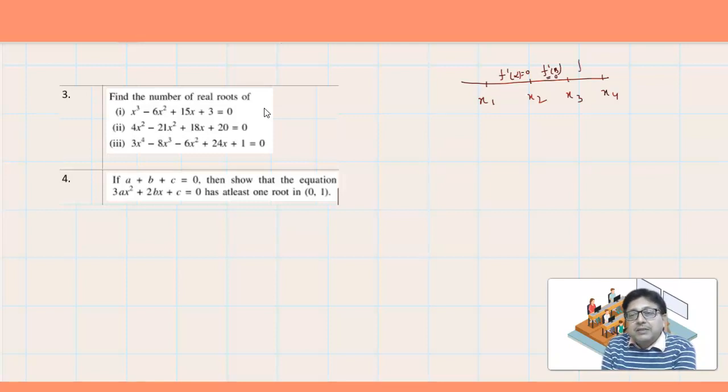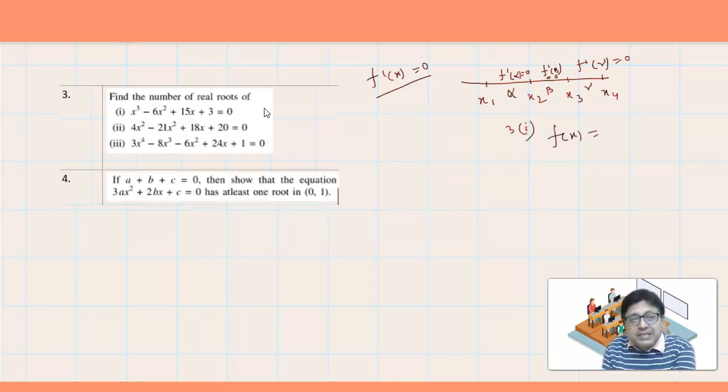Then gamma is the third root, you will get f'(gamma) equal to 0. So alpha, beta, gamma, these are actually roots of what? These are roots of f'(x) = 0. Okay? By using this concept, you can easily decide how many real roots are there. Let us start with part 1 by using Rolle's theorem.